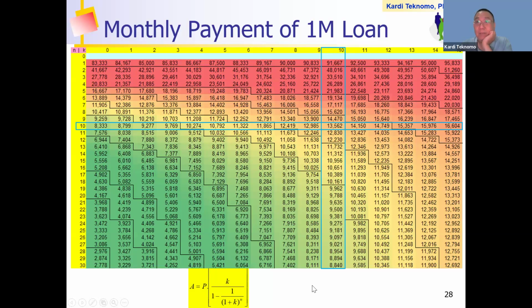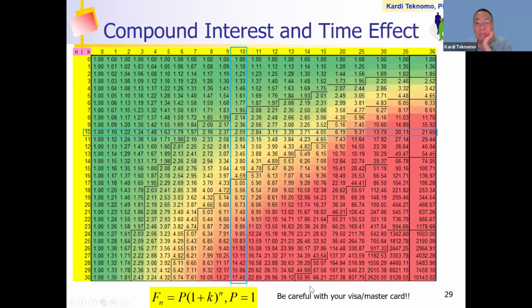So I put here, be careful with the loan shark, including the credit card, Visa, MasterCard, and so on. So if you get a credit card and you did not pay, how much is actually your interest in the credit card?